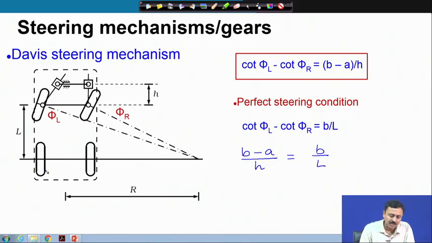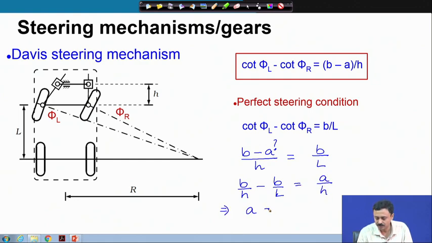So, given the dimensions of the vehicle, if I want to find out a, then I have b over h minus b over L must be equal to a over h, which means a must be equal to b minus b over L h.